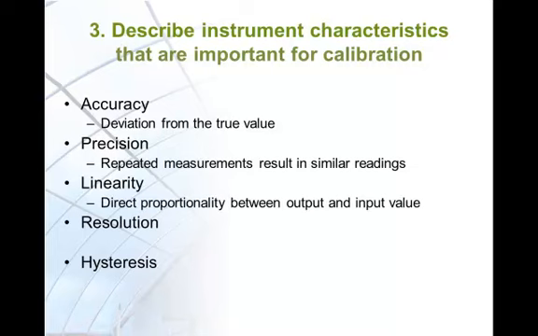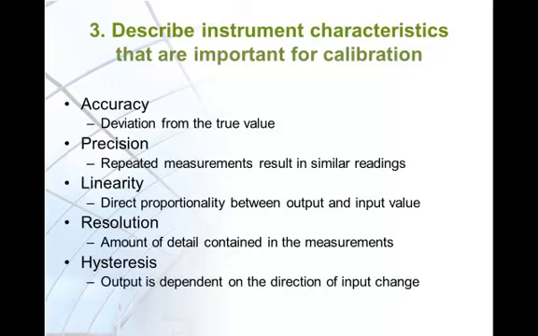Linearity describes direct proportionality between output and input value. Resolution is the amount of detail contained in the measurements. And hysteresis describes how output is dependent on the direction of input change. In the next few slides, we will discuss accuracy, precision, linearity, resolution, and hysteresis in greater detail.